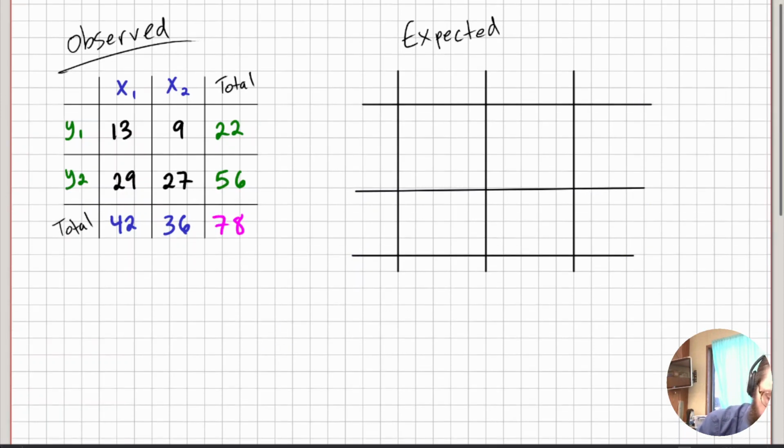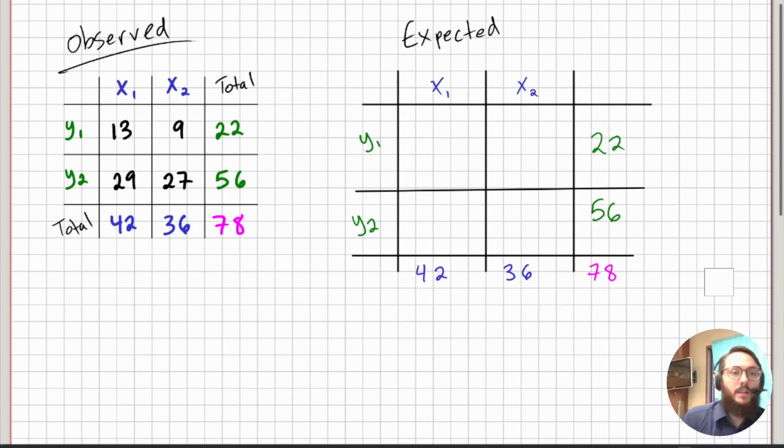With these, the totals stay the same. So 42 and 36 here for the x's, and then for the y's, 22 and 56 for a grand total of 78.